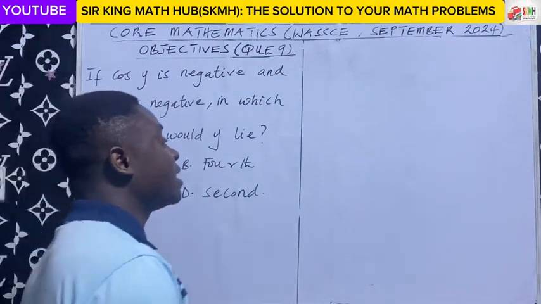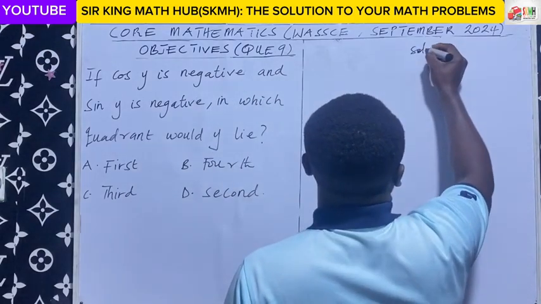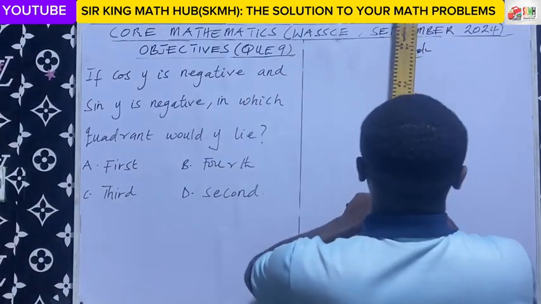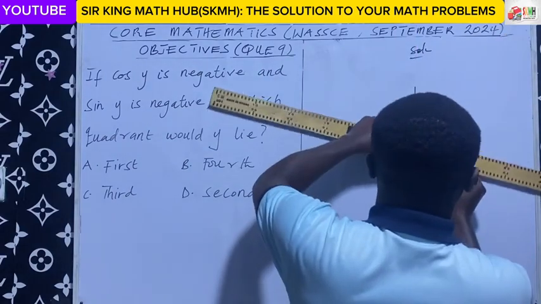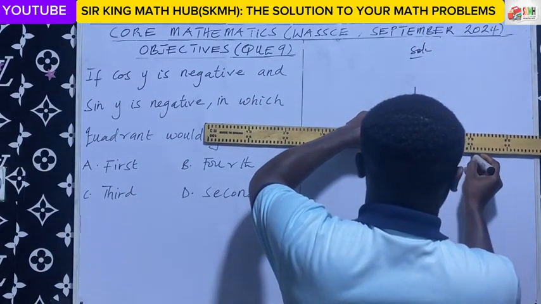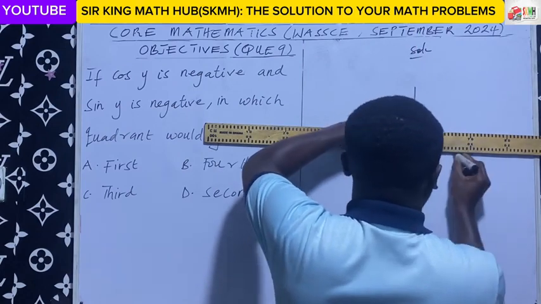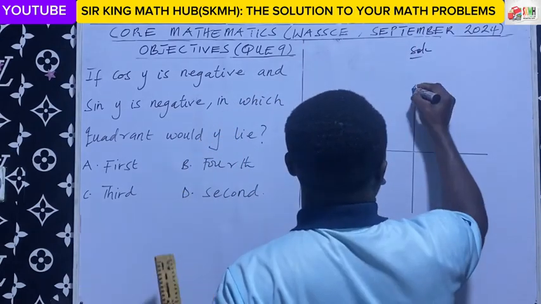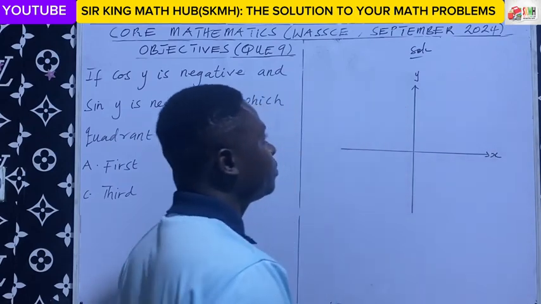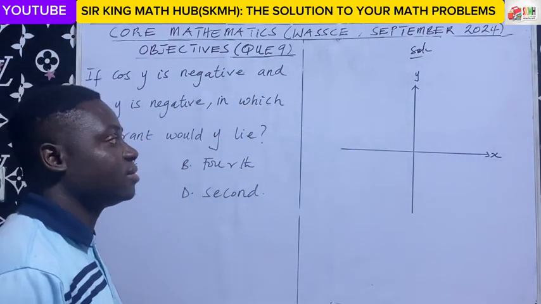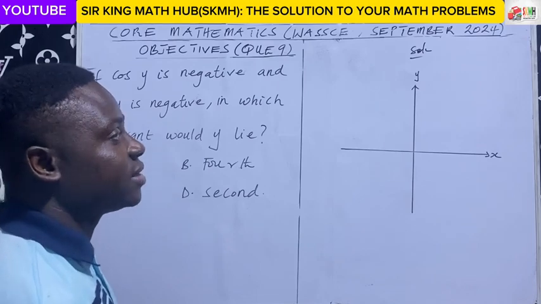So let's quickly revise something here. Let's draw all the quadrants we have. So here is our y-axis, here is our x-axis. So we have 4 quadrants. When it comes to trig, we have 4 quadrants.